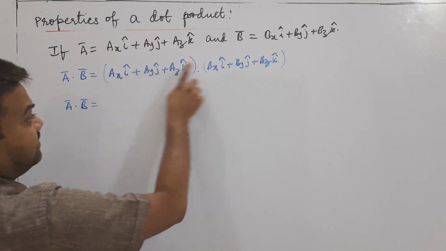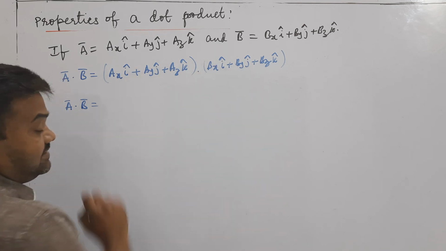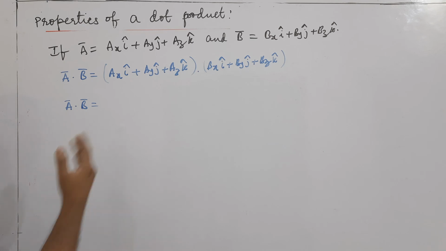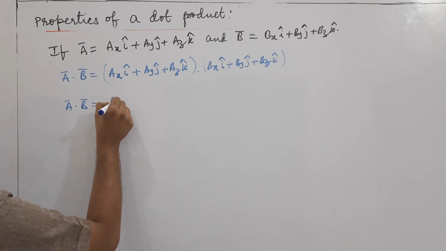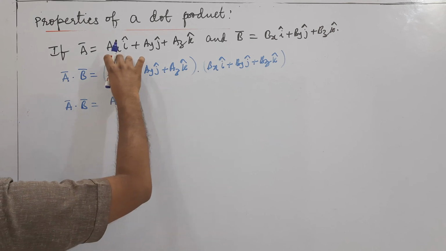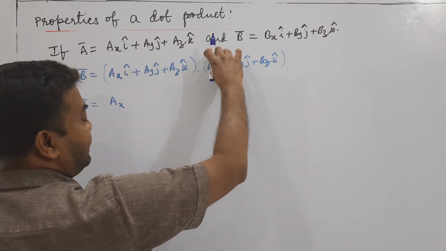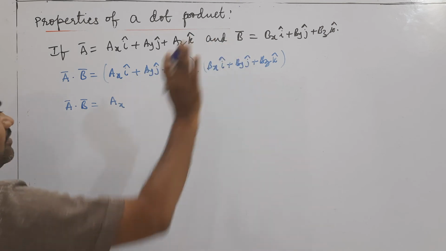But i cap dot j cap, these two are 0 because they are perpendicular. That's why we will write only the ax i cap term and the bx i cap term, since remaining all are 0.